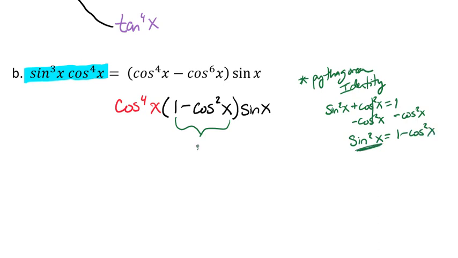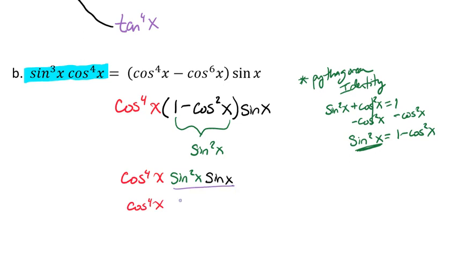So we can plug our sine squared of x into this spot. So now we have the cosine to the fourth power of x times the sine squared of x times the sine of x. We can then combine our sine squared of x and our sine of x.